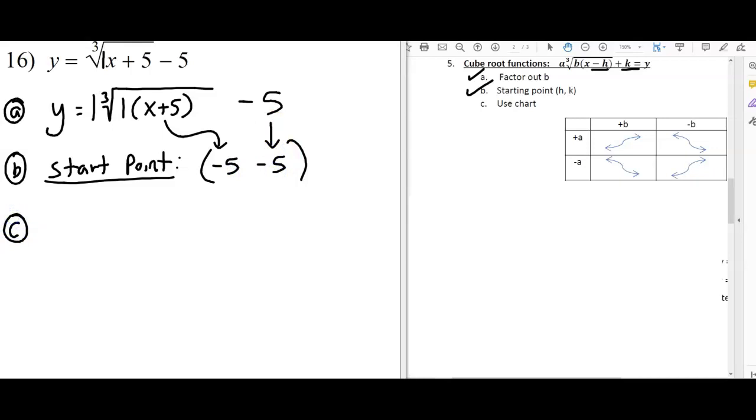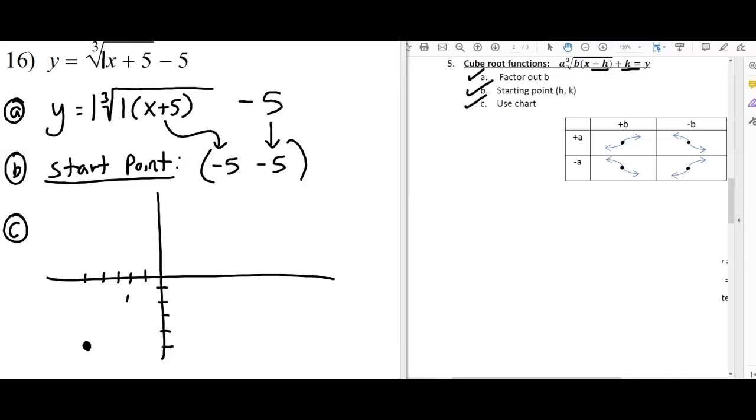So we're going to use the chart after that. Now the starting point for these types of functions is always the dot in the center of the shape there. So let's plot our starting point first. It's going to be left 5, down 5. There's my starting point.